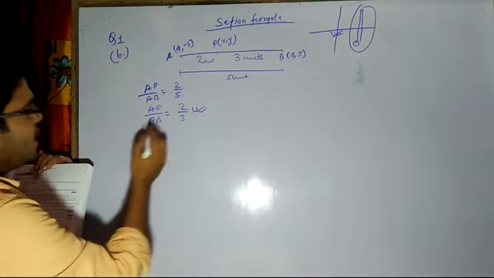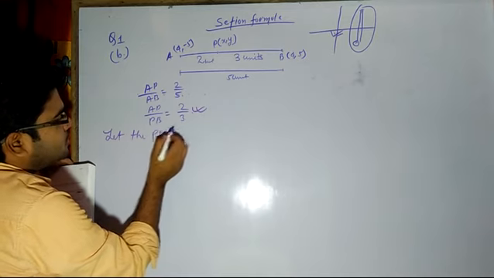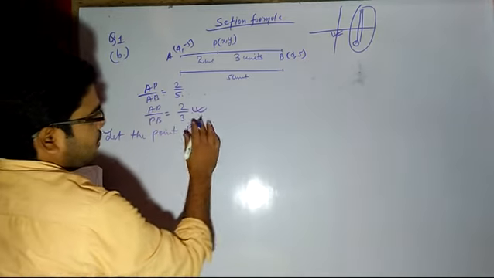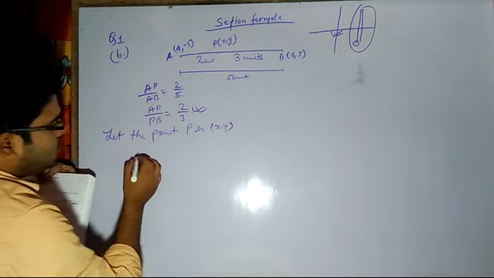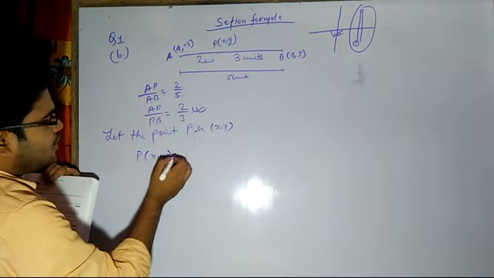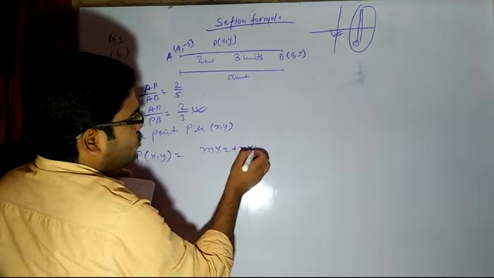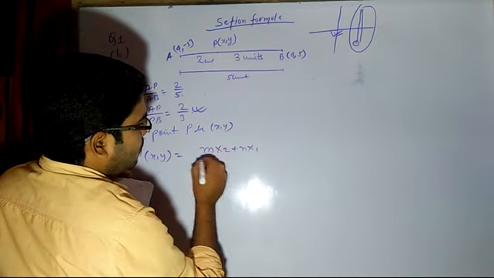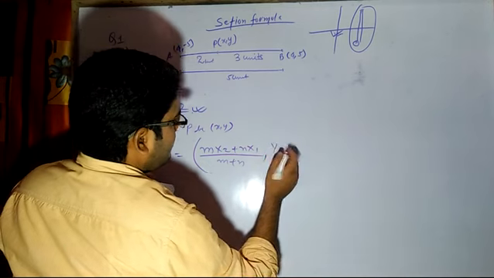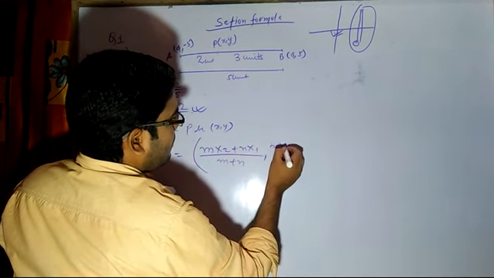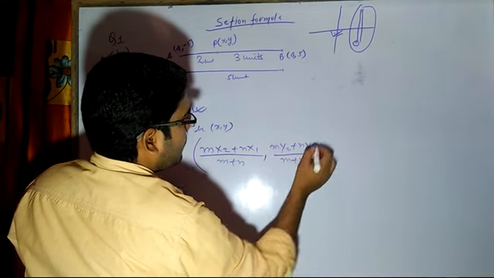After that, you can assume the point P to be x, y. Then you will write P(x, y) is equal to (m x2 plus n x1) whole divided by m plus n, and y is (m y2 plus n y1) upon m plus n.